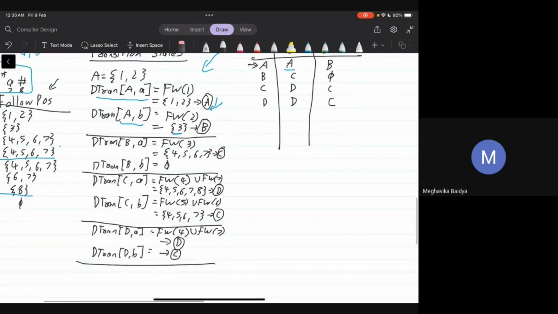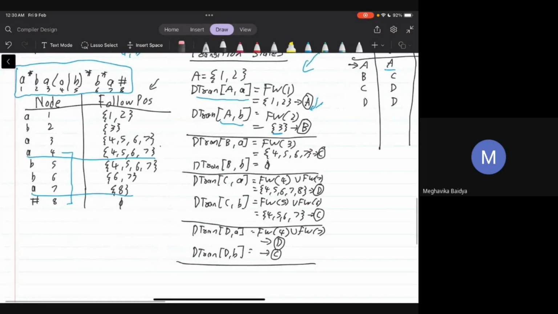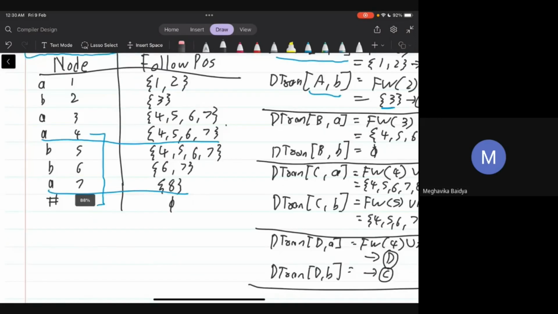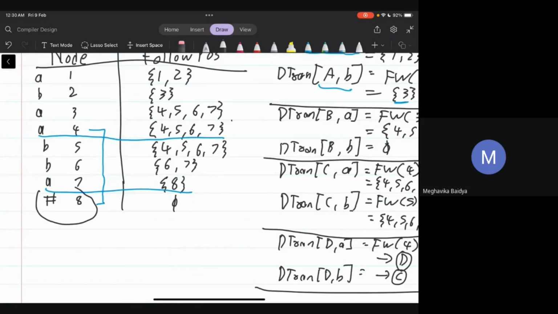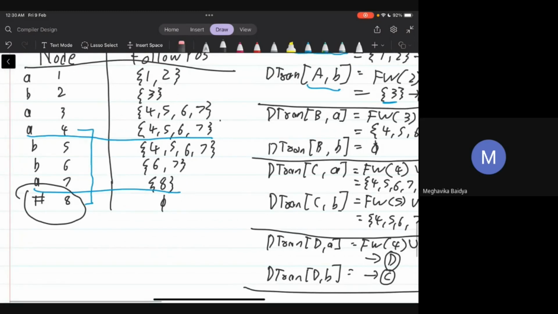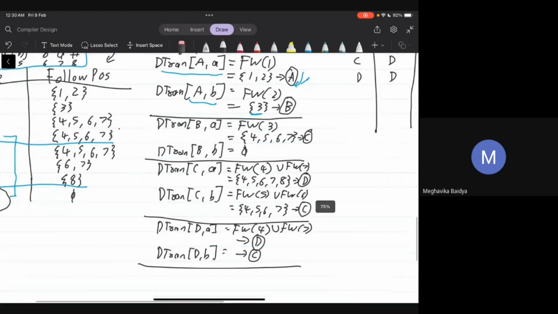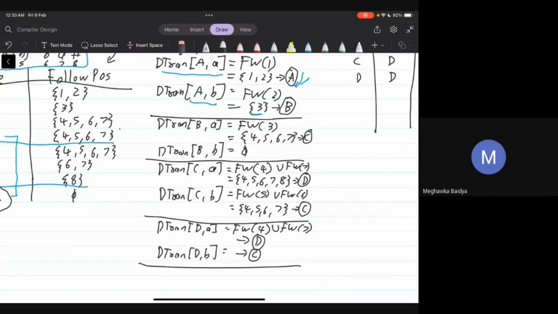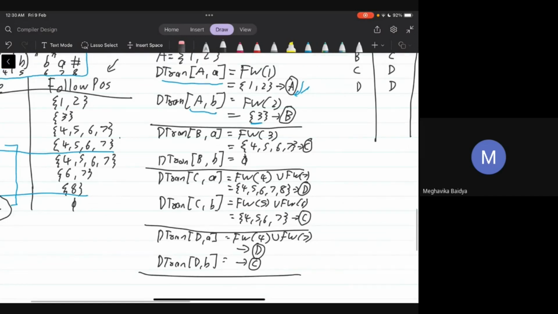And when we come back here, this is the hash, right? Any transition that includes this hash or this 8 means that it is a final state. Is it possible that there can be more than one final state? Yes. In ABCD, which includes 8?